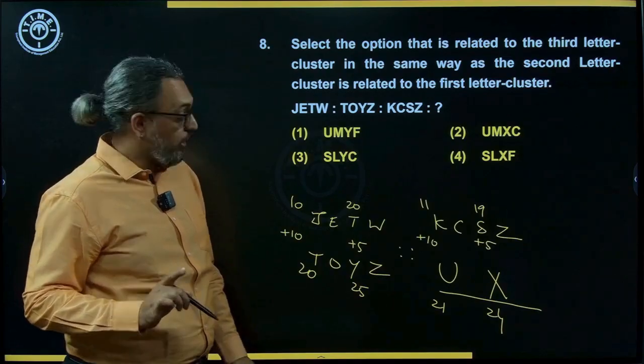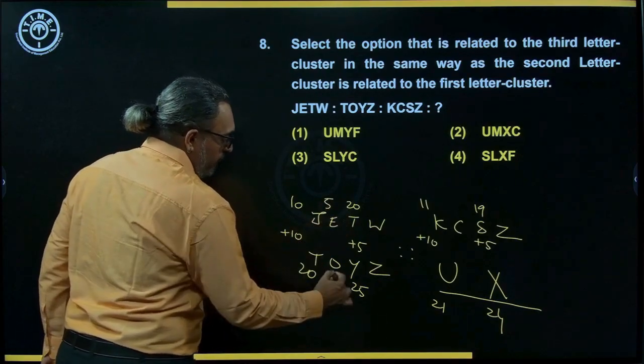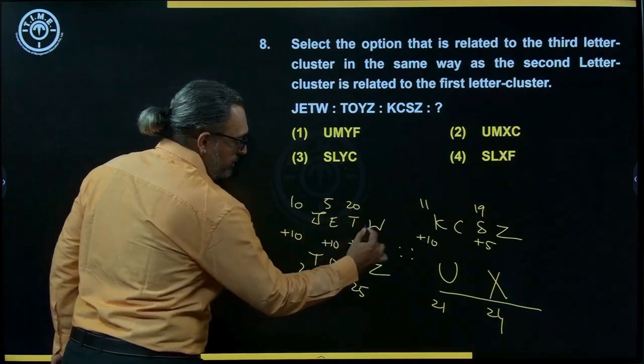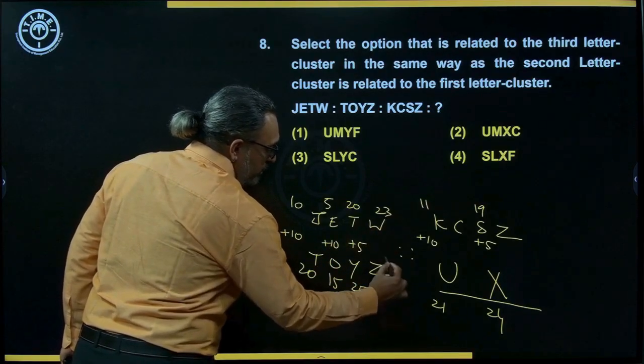Understanding the point? Okay. So here, if I take this as 5 and 15, this is again plus 10. This is 23 and 26. This is plus 3, sorry, not plus 4.